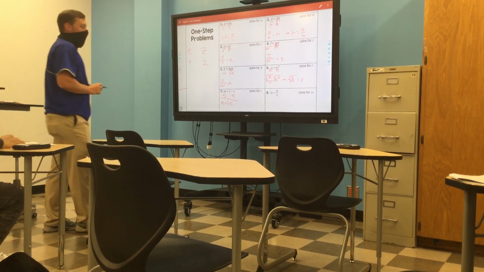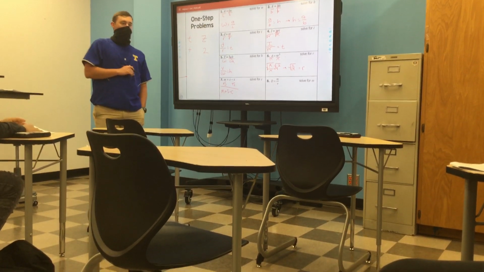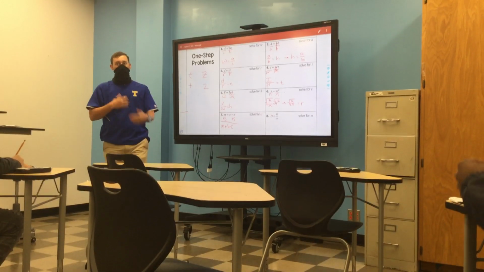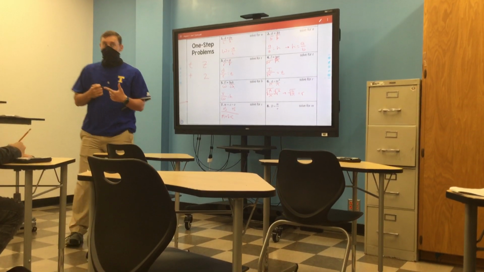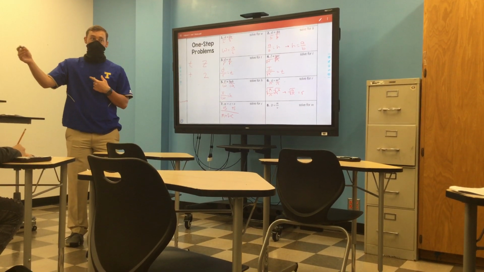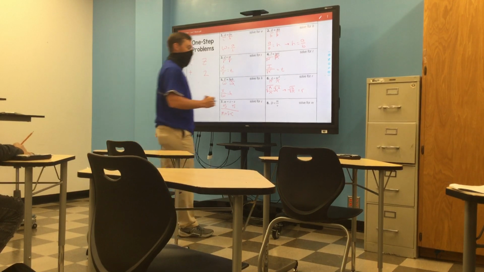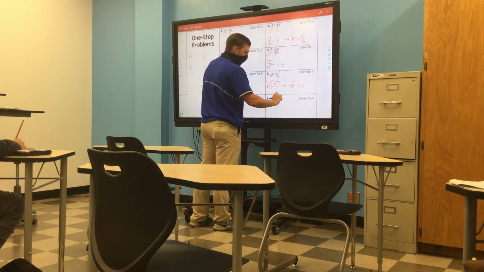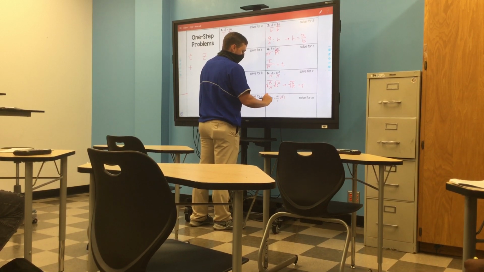All right, number 8. We want to solve for M. We've got a fraction, so we know a fraction means that what operation is happening? Multiply. What's actually happening is division, and we need to multiply. So we're going to multiply by our denominator, which is V, to both sides.